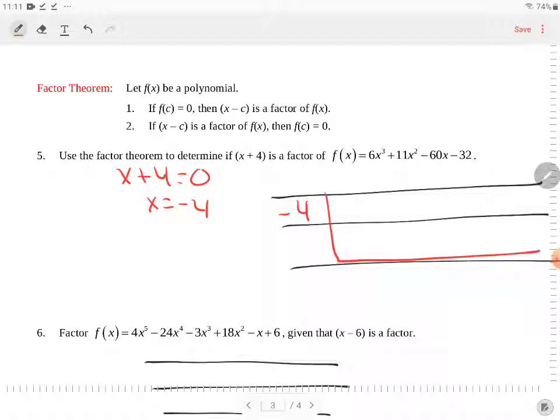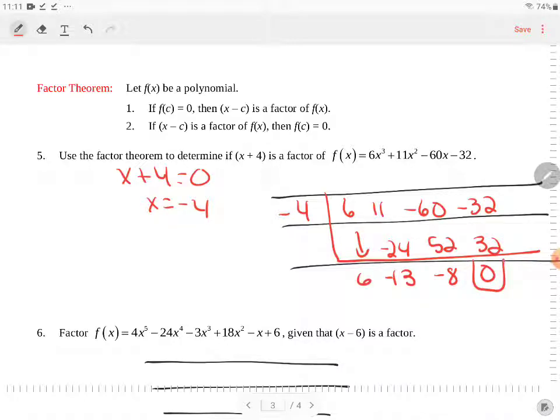And I have 6, 11, negative 60, and negative 32. Bring your 6 down. Negative 4 times 6 is negative 24. 11 plus negative 24 is negative 13. 52, get negative 8. Negative 4 times negative 8 is 32.